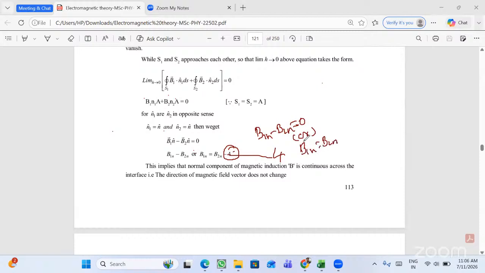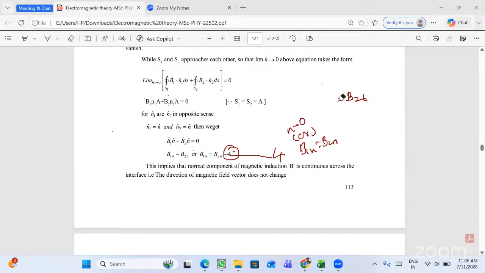In some books, they say the tangential component of the magnetic induction B is also equal, and they write B1t equals B2t. So whether tangential or normal, it is the same. Here we have represented it in the form of the normal, B1n minus B2n equals 0.